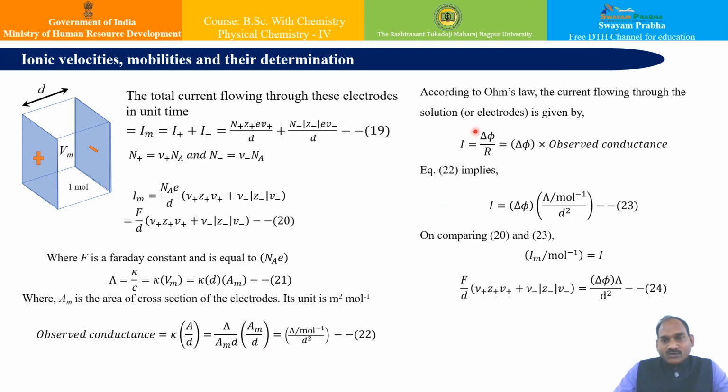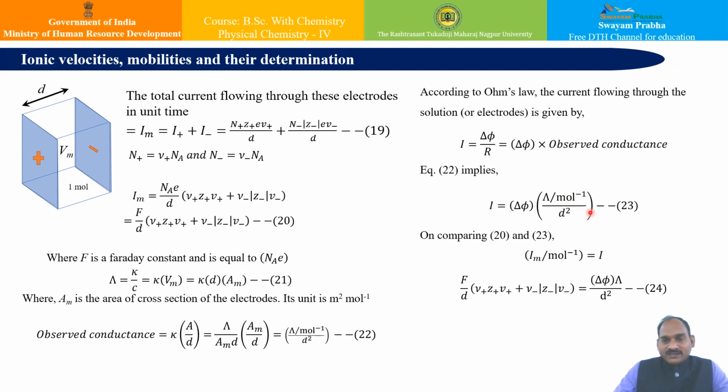Now according to Ohm's law, the current flowing through the solution or the electrodes is given by I equal to delta phi upon R, that is potential gradient upon resistance. So delta phi into observed conductance, obviously 1 upon R is equal to observed conductance, and therefore equation number 22 implies that I is equal to delta phi into lambda per mole upon D square.